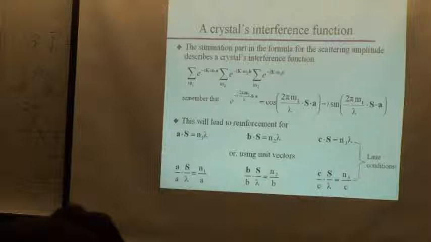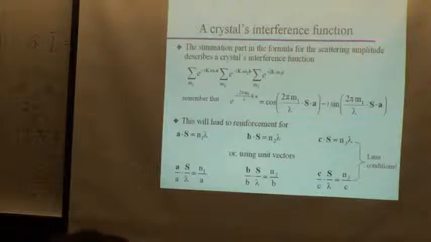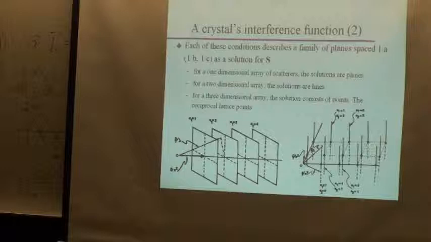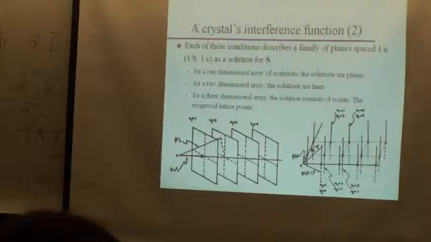If you write things like this, what you're really writing is a series of planes, okay? Spaced at a distance 1 over a. And this drawing shows you that one. Here's your scattering vector. Here's your vector related to your a.